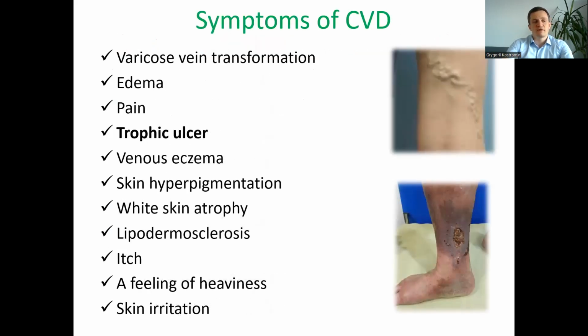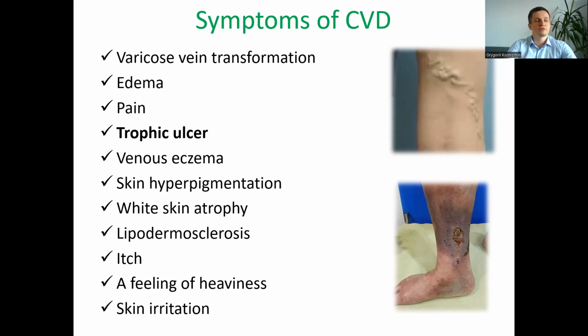Here you may see different symptoms of chronic venous disease: varicose vein transformation, edema, pain, trophic ulcer, venous eczema, skin hyperpigmentation, white skin atrophy, lipodermosclerosis, itch, a feeling of heaviness, and skin irritation.